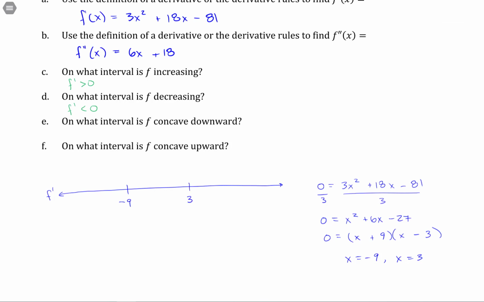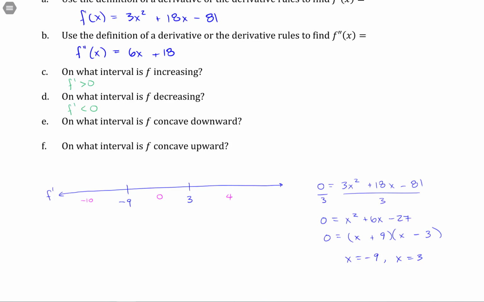Now, to see where this first derivative is positive or negative, I have to pick some test values. So the test values I choose are just something within each interval. So for instance, negative 10, 0 would be a great one here, possibly 4 there. And I want to find out if the derivative is positive or negative there. And you're certainly welcome to use the calculator to determine that.